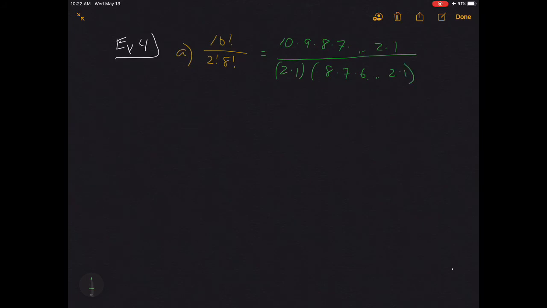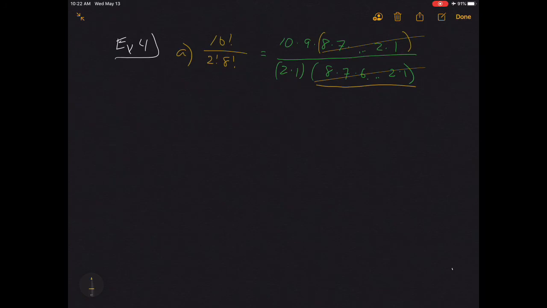What you should see, this is kind of the key here, is that where I had that 8 factorial, this piece right here, that's the same as all of this. It's 8 times 7 times 6. Those two things are exactly the same. They are going to cancel out.